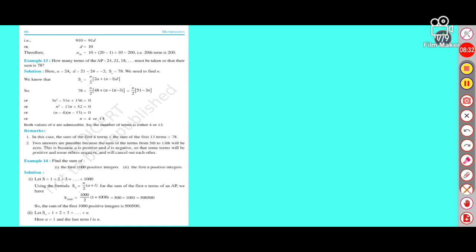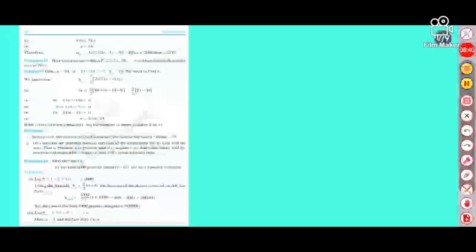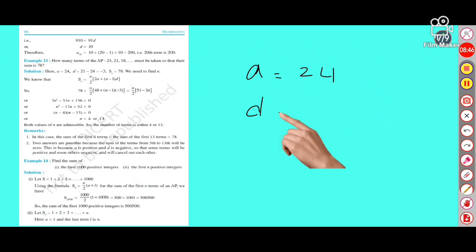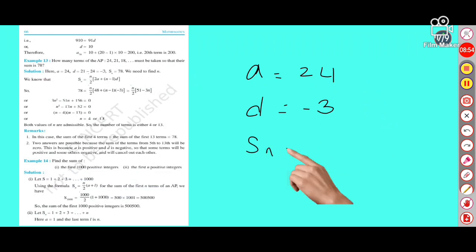How many terms of the AP 24, 21, 18 and so on must be taken so that their sum is 78? Okay, fine. The given value a is 24. Whatever the sum may be, just take and write whatever is given in the question, right? Even in your board exams, the given Sn value is 78.